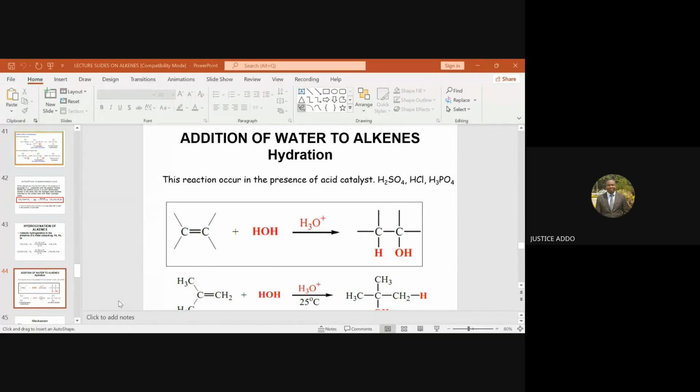I was saying that the alkene will not be able to react with pure water since water is not acidic enough to pave a way for the hydrogen to act as an electrophile to initiate the reaction.